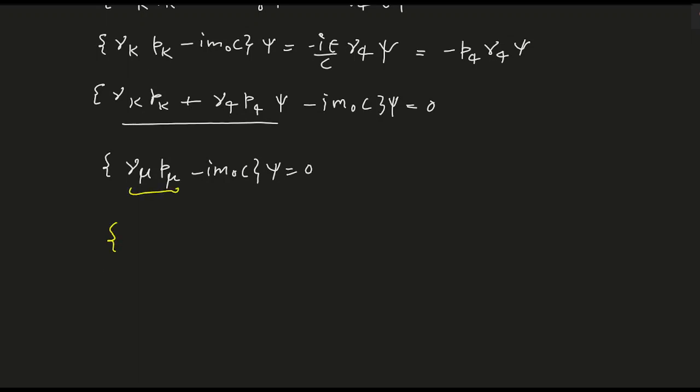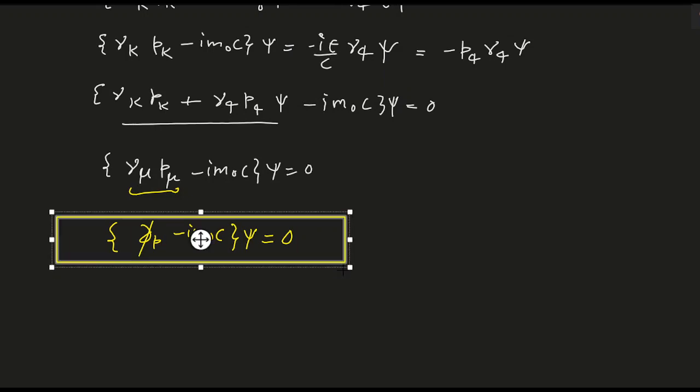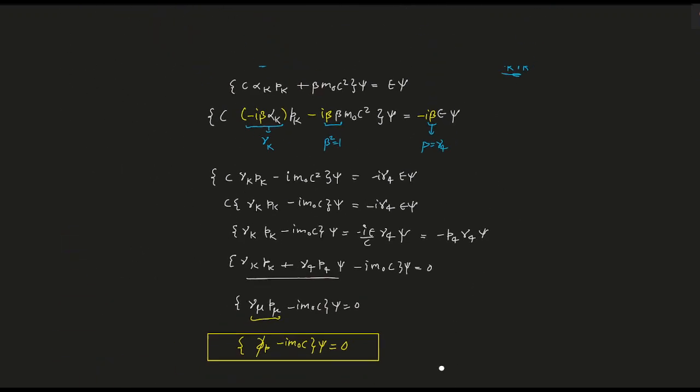It looks better like this. This is the slash operator: p-slash minus i m naught c psi equals 0. So this is the momentum formulation of Dirac equation.